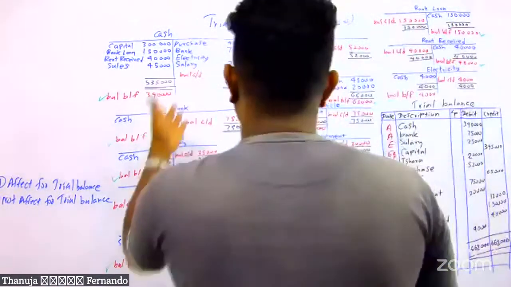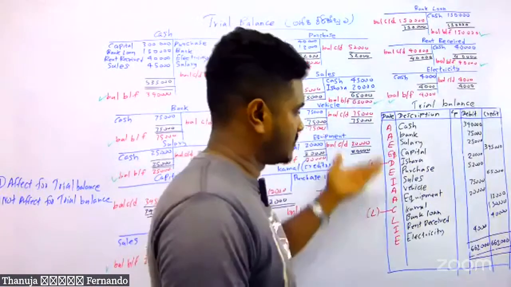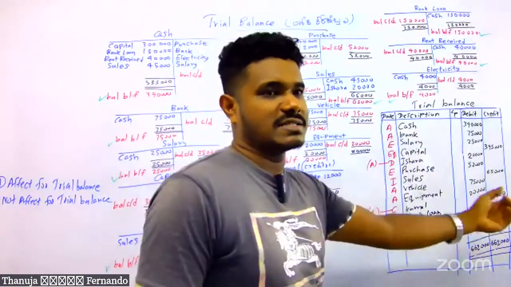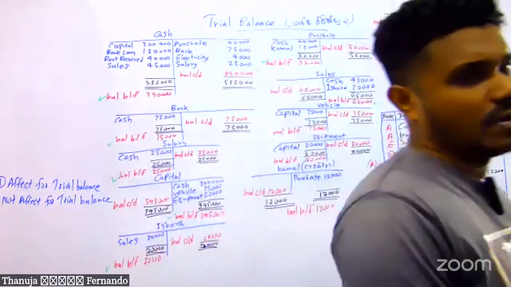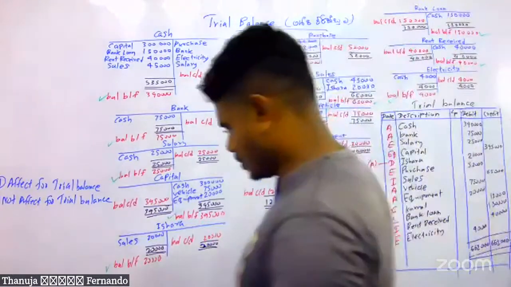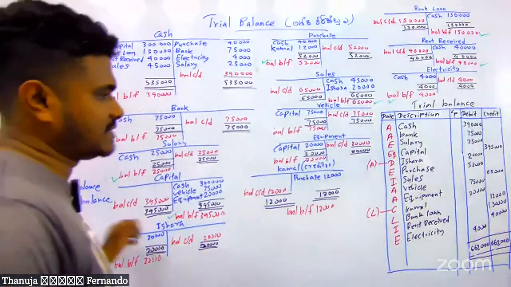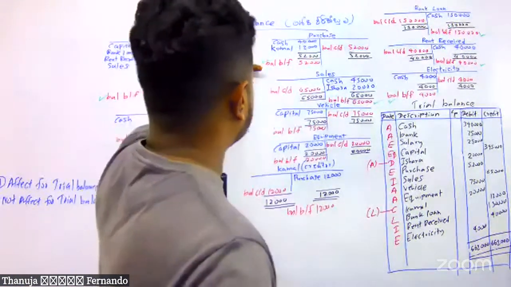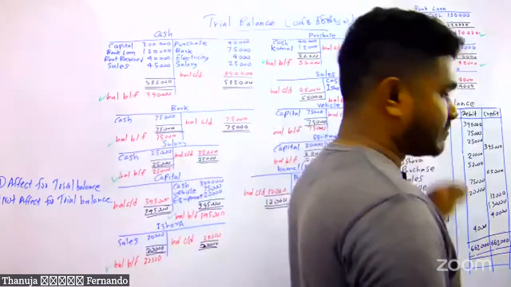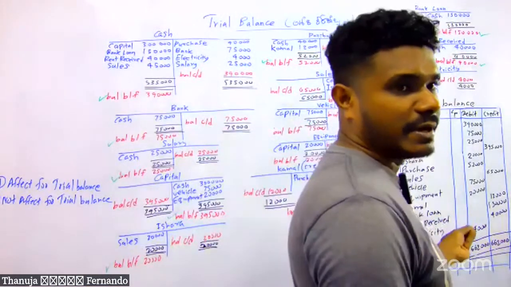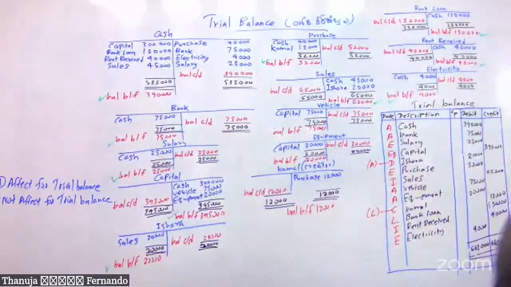There are some errors on these occasions, but the debit balance and credit balance are both the same. These kinds of errors we can call not affecting the trial balance, right? It means we have made some errors, but they do not affect the trial balance, meaning the debit and credit sides of the trial balance are equal, right?